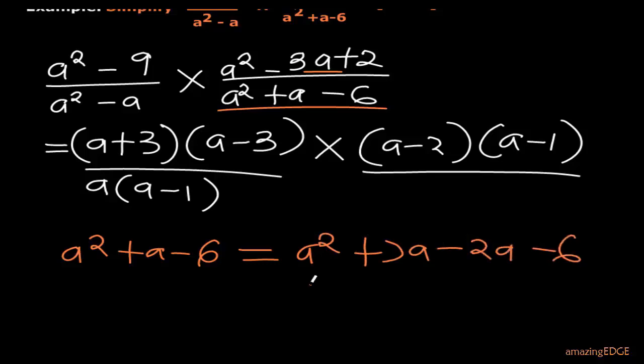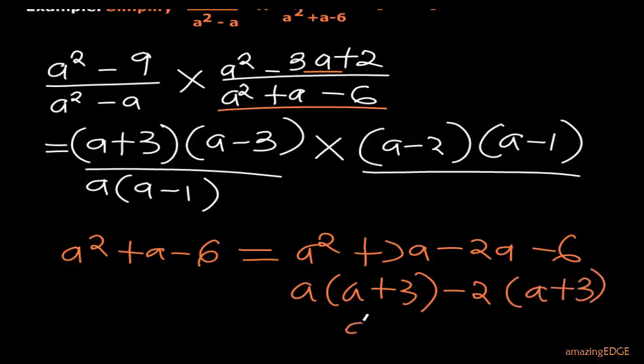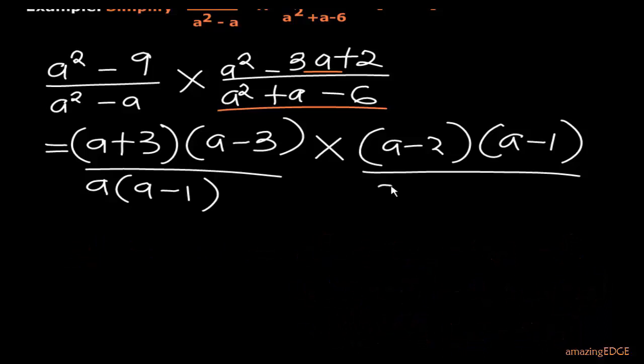So that here you have a into (a plus 3). Here you have minus 2 times (a plus 3). So that you have (a plus 3) into (a minus 2). So that's what you are going to have.